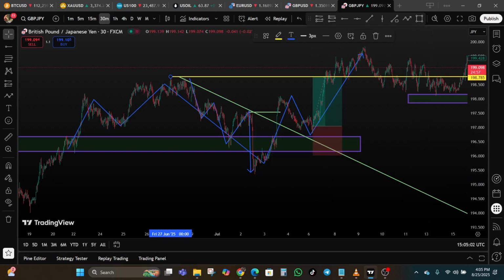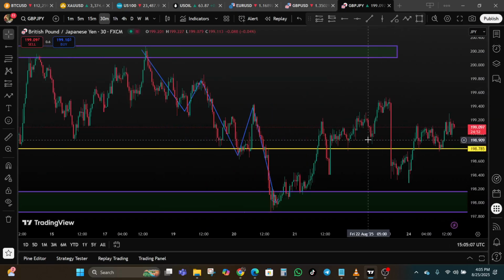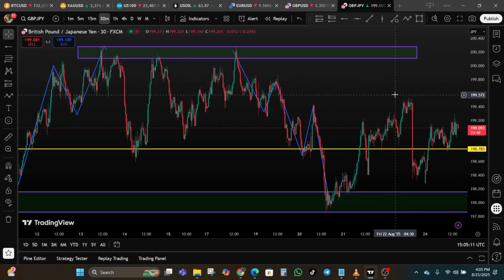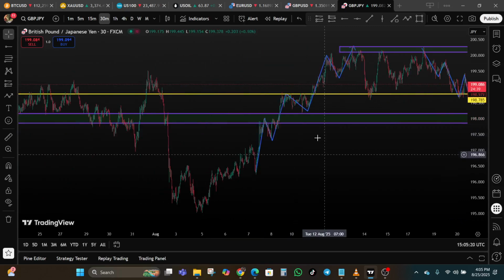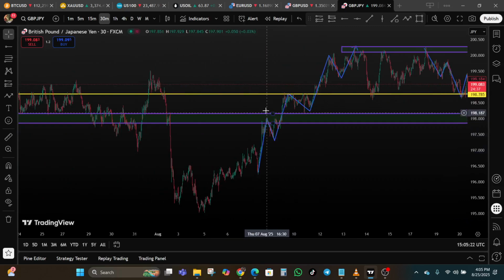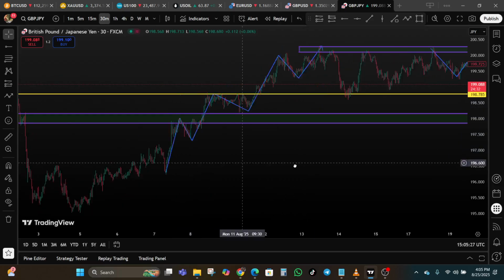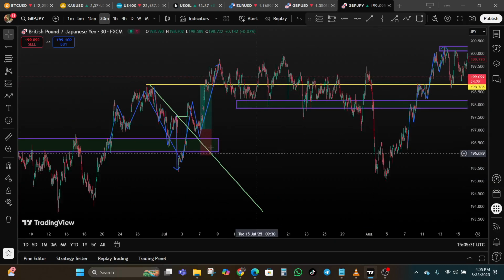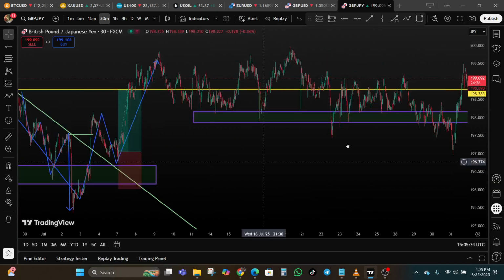So to put it all together, the M30 trading strategy involves analyzing market structure, marking your key support and resistance zones, waiting for breakouts and retests, and confirming with candlestick patterns, like we did around here.